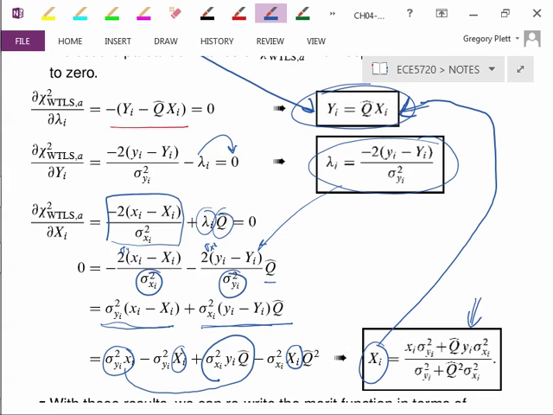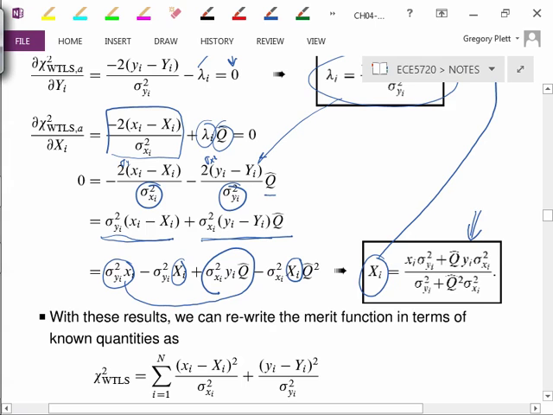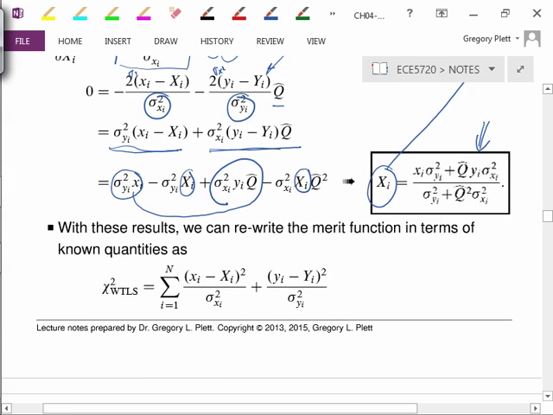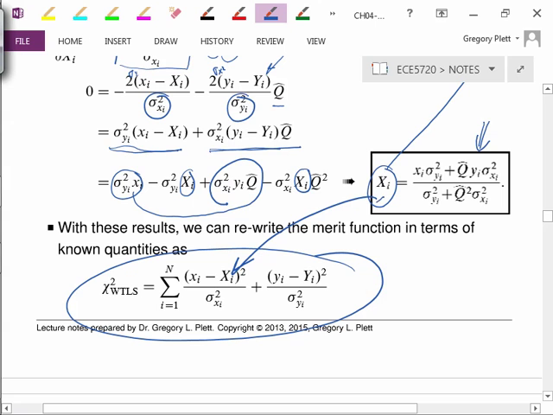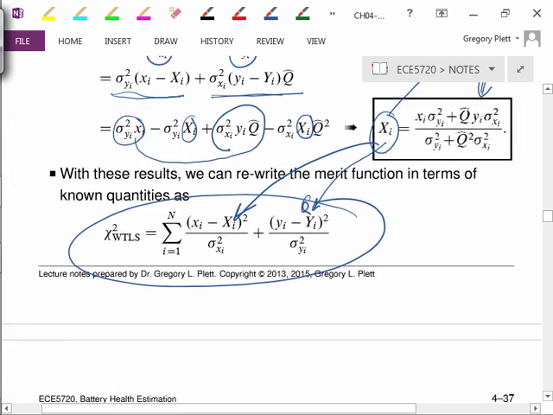I now have a deterministic mapping between my little x, little y, and big X, big Y. And I don't have to use the big X, big Y anymore in the solution. I can rewrite the merit function in terms of things that are measured. This was the original merit function. I'm going to put this in here and in here with a q in it because that's what y is.